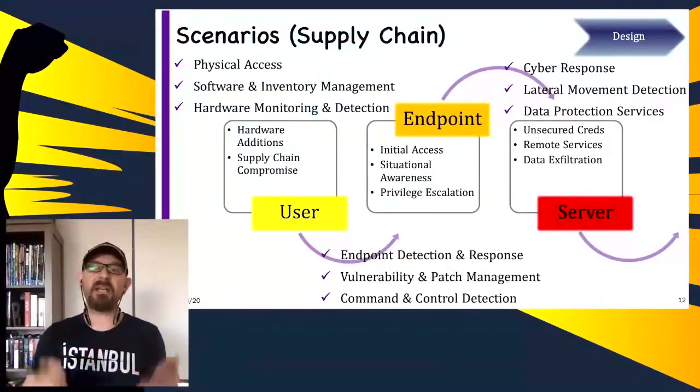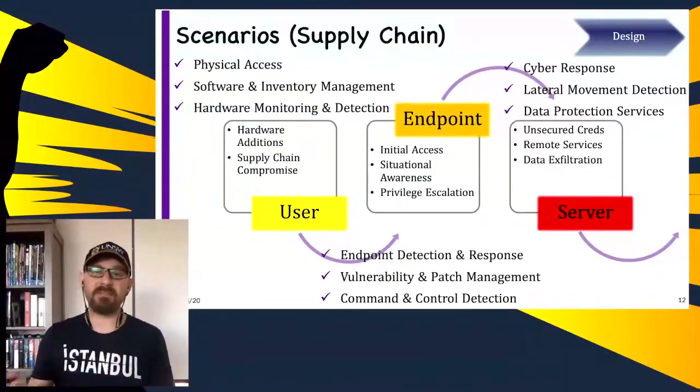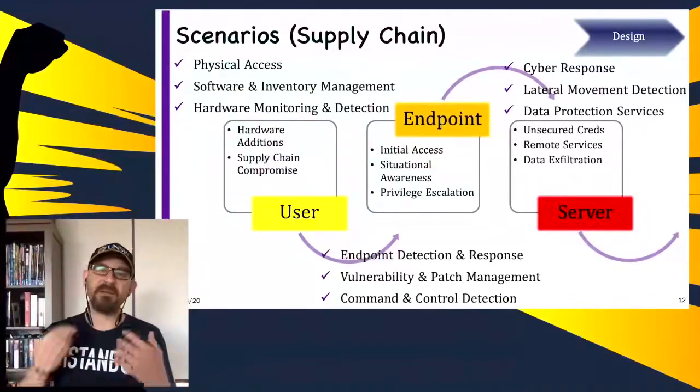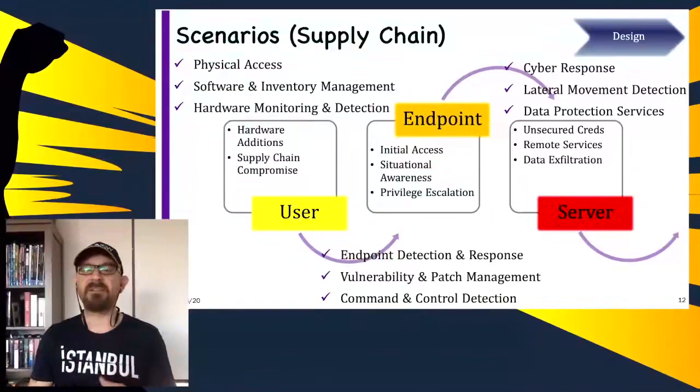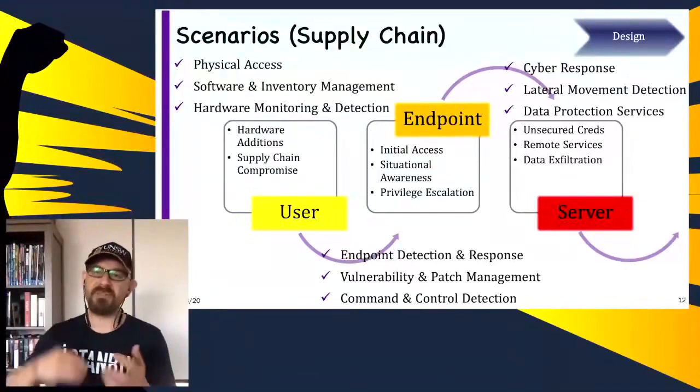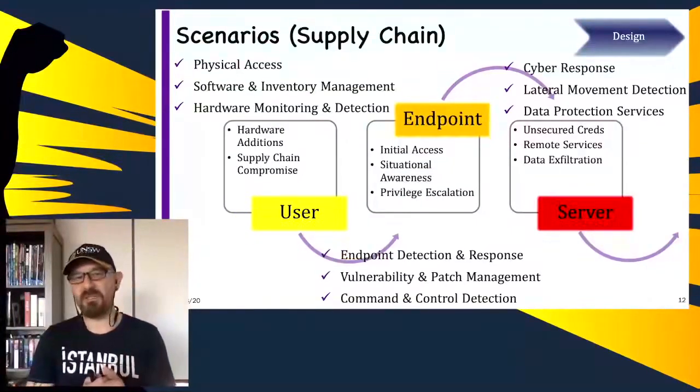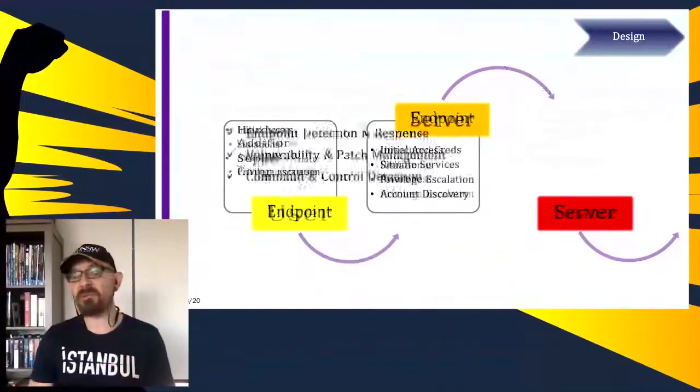And after that, exfiltrating some data with DLP flags. In this case, cyber response, as well as some lateral movement detection, will be tested. But data exfiltration with DLP flags will also test data protection services. So we can see whether they are efficient or not.